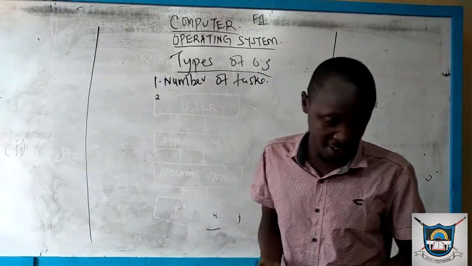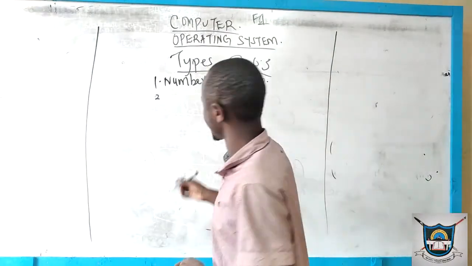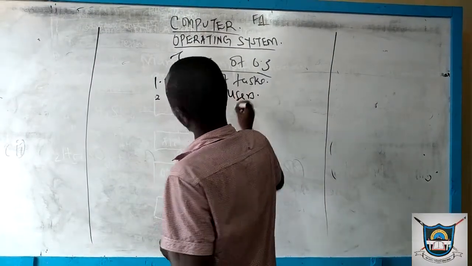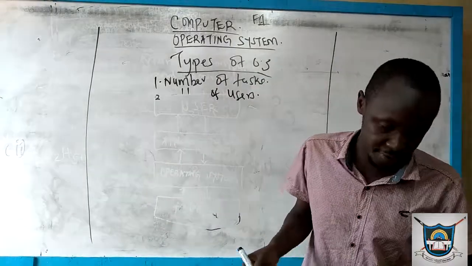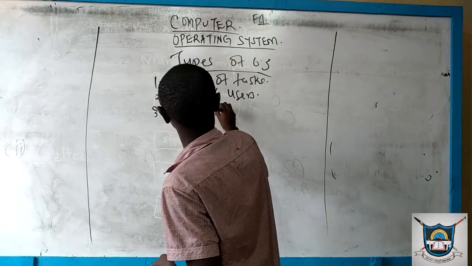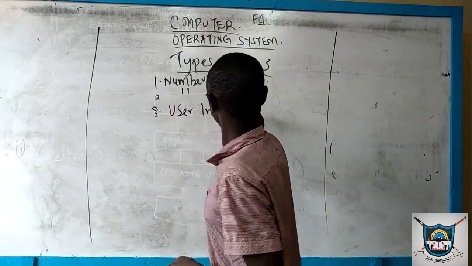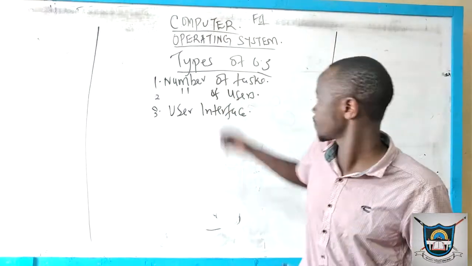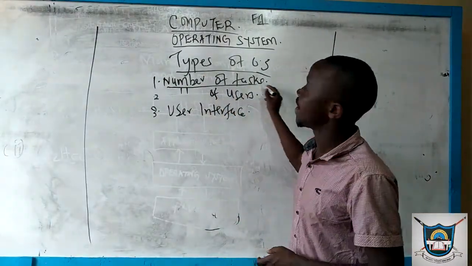They can also be classified according to number of users. And last but not least, the user interface. I start with the number of tasks, that's the first one.